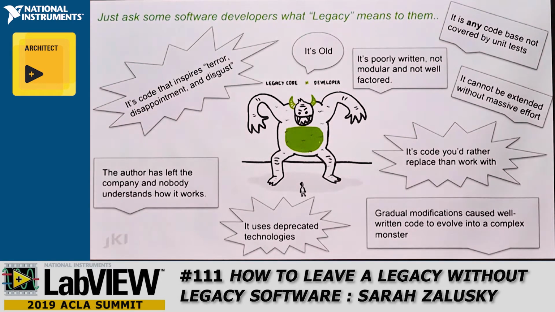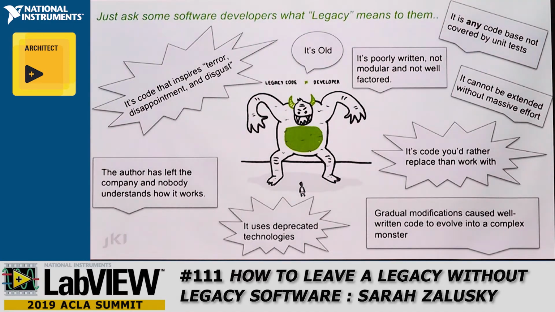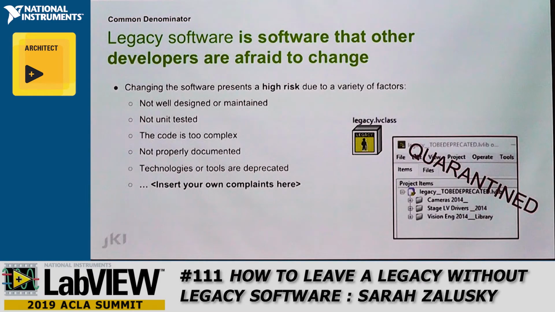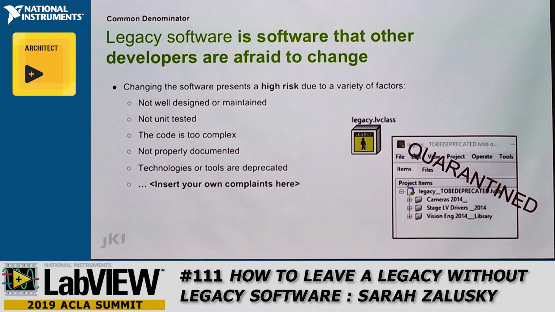And ultimately, it's something that you'd rather scrap the entire thing and rewrite than try to work with. So there's a lot of variation in how people describe it, but today, our working definition is that legacy software, when you distill it, is software that other developers are afraid to change.